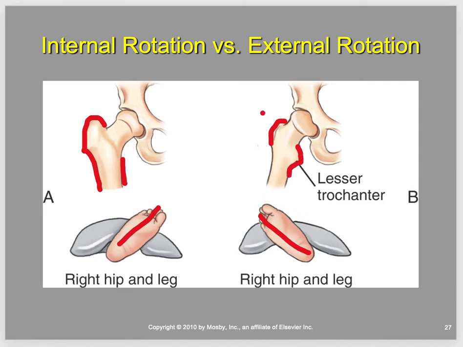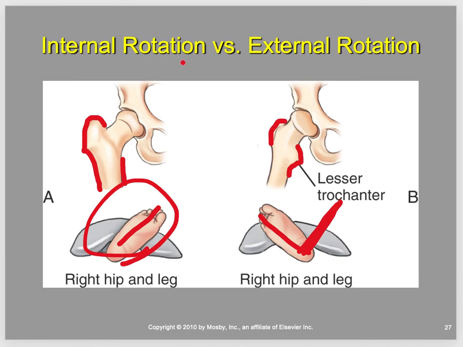So we know that if we see something like this, we have forgotten to turn our feet inward 15 to 20 degrees to better visualize the greater trochanter and hide that lesser trochanter.